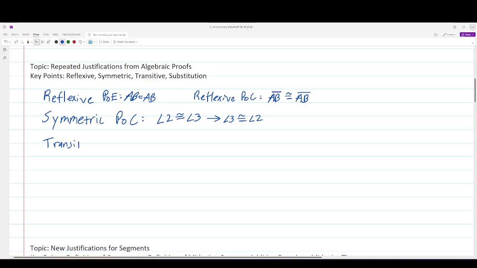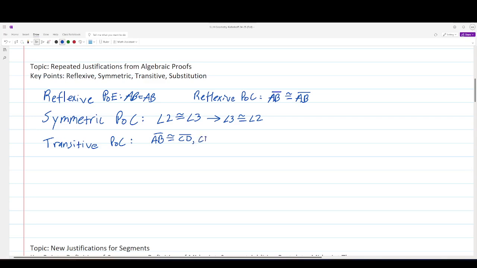Next one is transitive POC. Transitive POC works just like the property of equality. We have something that is equal and forms a chain of values. So this would be something like segment AB is congruent to segment CD. And then we need a second statement. There's kind of two inputs to this property.